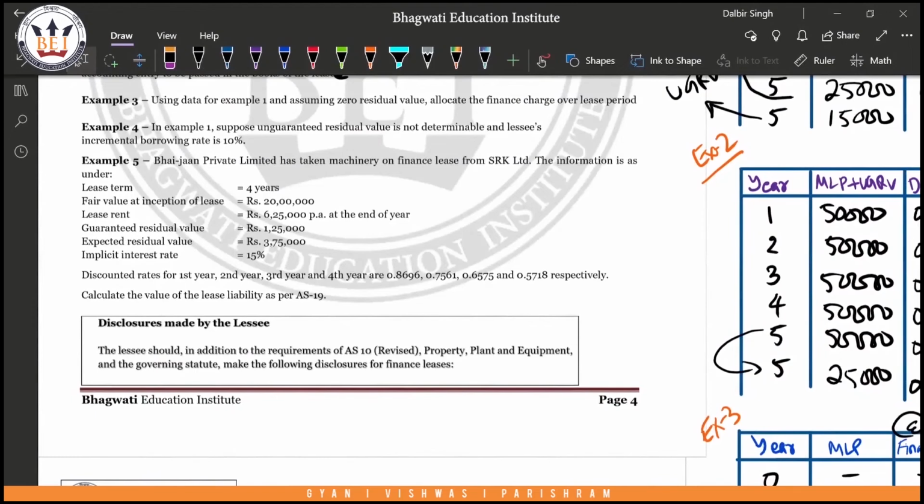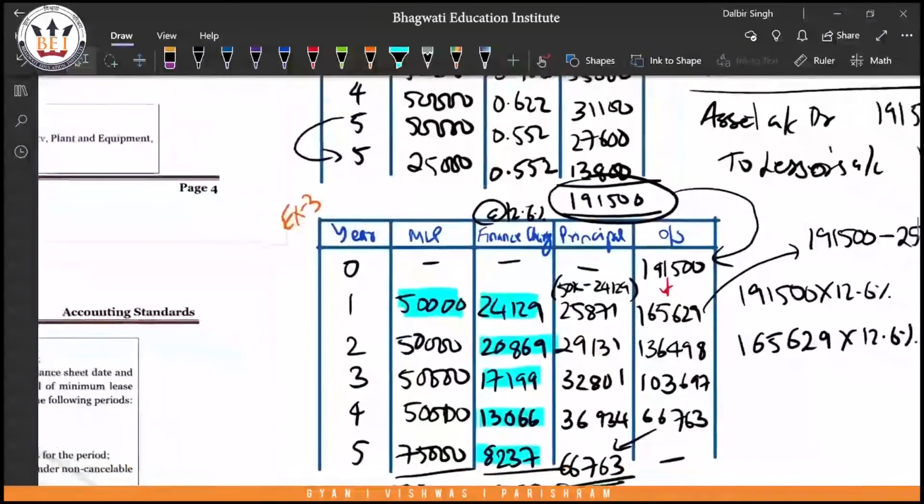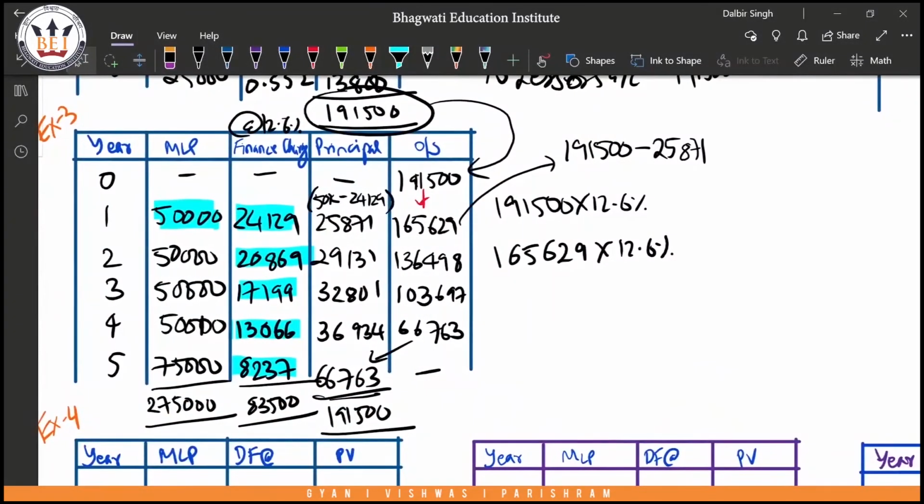Now here, once you've allocated, they have not asked you in the question to find the entries here. But before I go to the fourth question, let's first write down the entries which could come for finance charge.